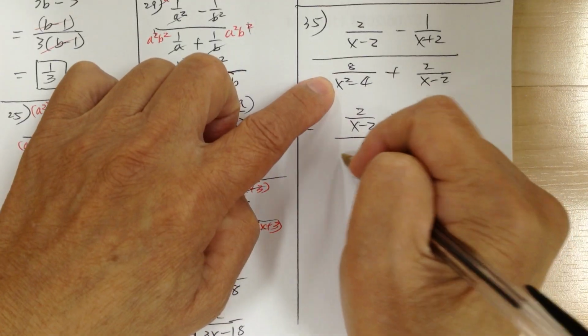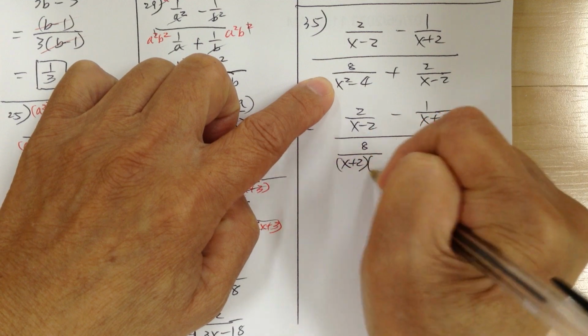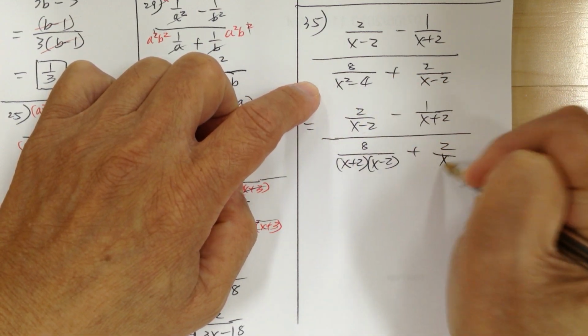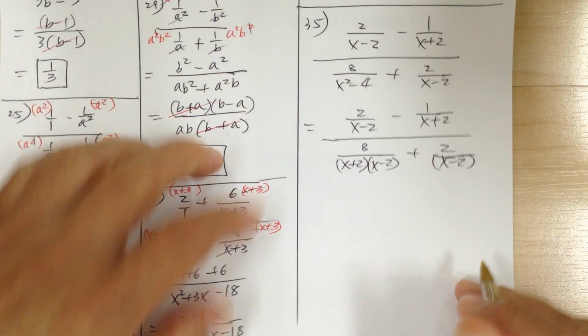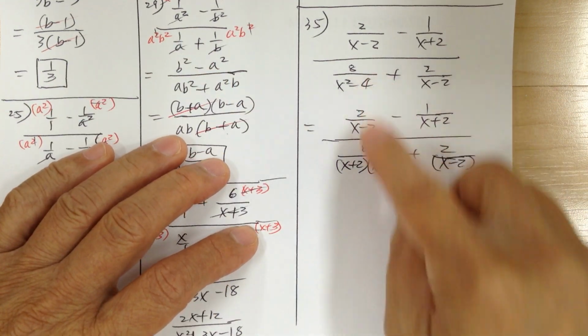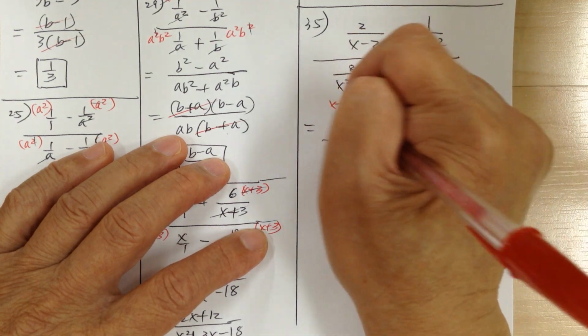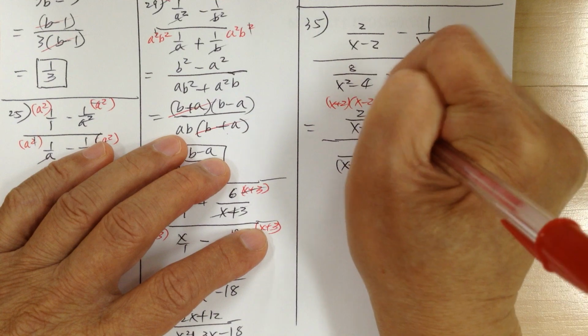This one you can factor into x plus 2, x minus 2. Once you factor this, you can see your LCD would be x plus 2, x minus 2.